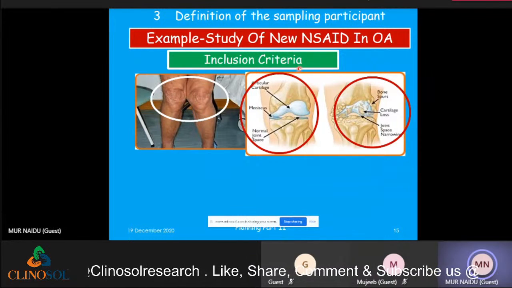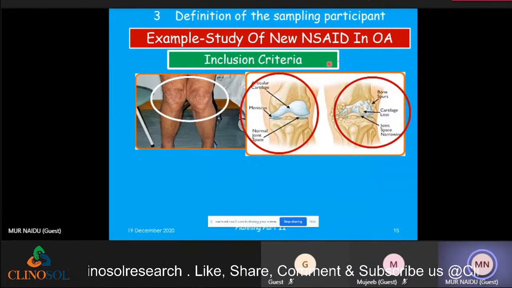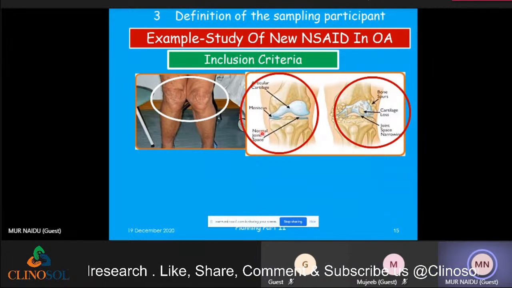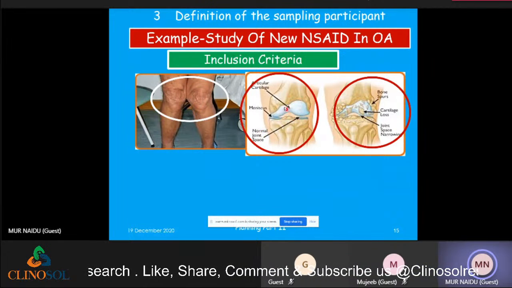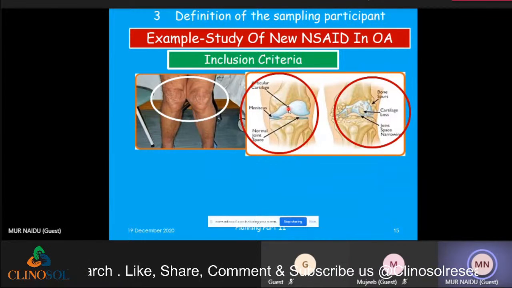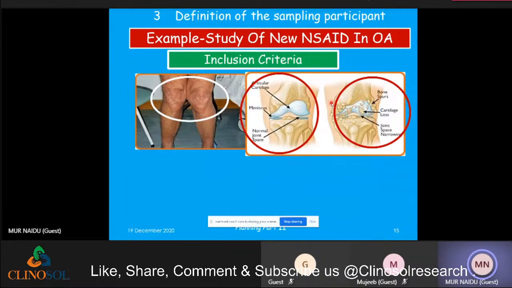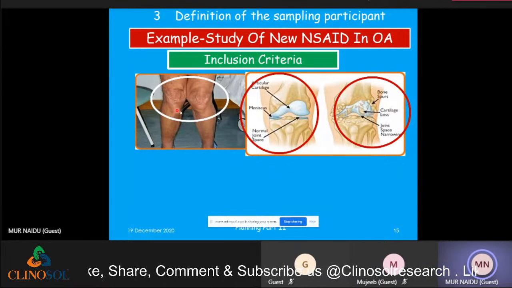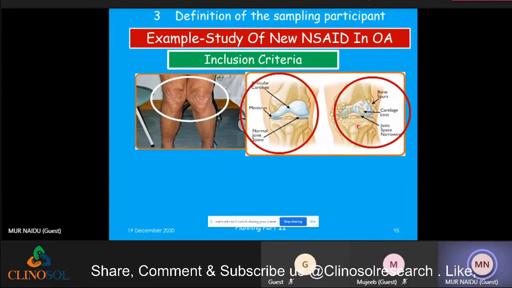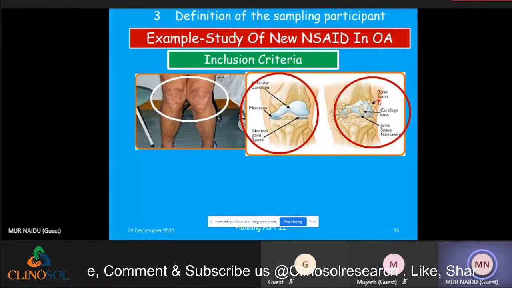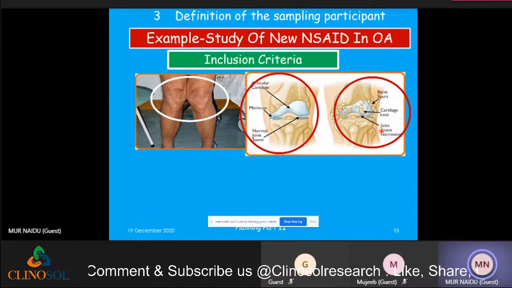The most important diagnostic factor for inclusion criteria, as I told, is the X-ray. This is the normal X-ray where there is a normal joint, the articular cartilage is normal. When I take the X-ray of a patient who is suffering with osteoarthritis, I get a typical picture: there is cartilage loss, there is a bony spur, the joint space is narrow.